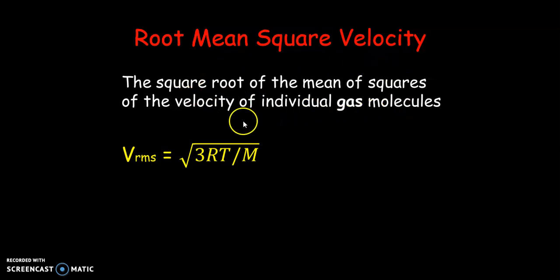By calculation, it is a very tedious process, but from the Maxwell-Boltzmann equation we get a simple equation: v_rms equals root of 3RT by M. If we know the molar mass at a specific temperature, we can easily calculate the root mean square velocity of a gaseous system.